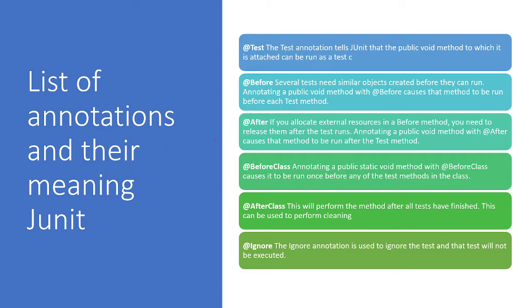So basically the opposite. Annotating a public static void method with @BeforeClass causes it to run once before any of the test methods in the class. @AfterClass will do the opposite of that. And then we have @Ignore. The @Ignore annotation is used to tell JUnit that the test will not be executed.